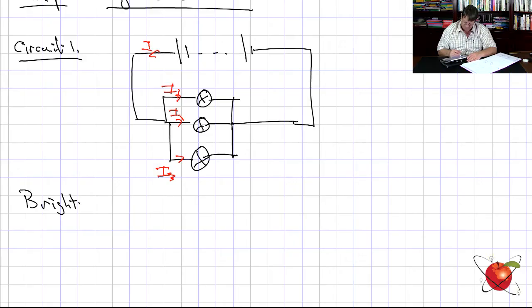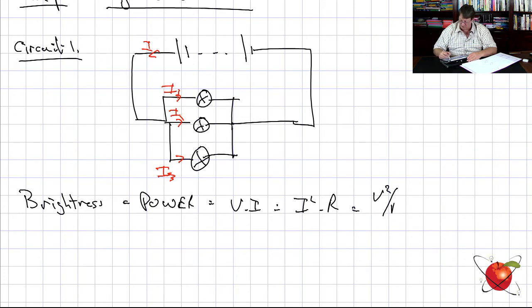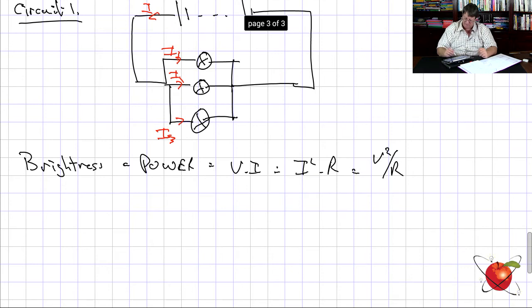Now, please remember brightness is equal to power, which is equal to V times I, or I squared R, or V squared over R. Now, we've put in the current. Let's just go through the logic here.